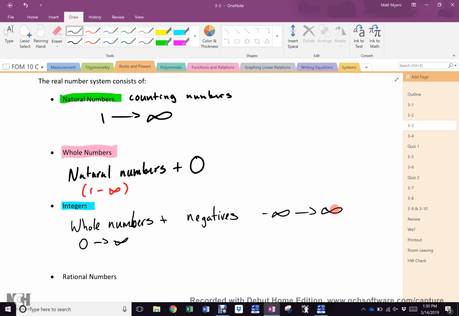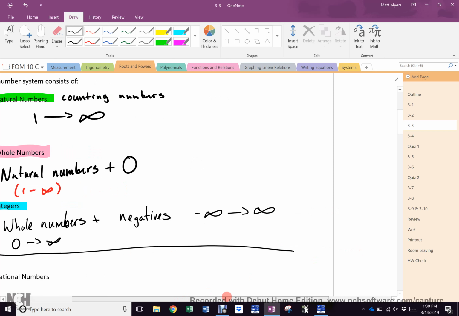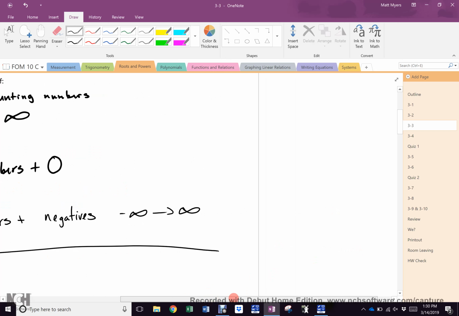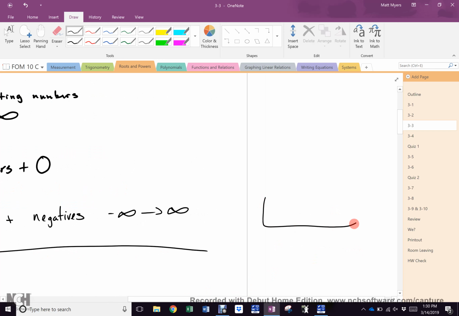Everybody cool? Now, if you were to do this, draw this out like a basket, and you don't have to, but it would look like this. That would be the integers, and inside the integers can fit all the whole numbers, and inside the whole numbers can fit all the natural numbers.